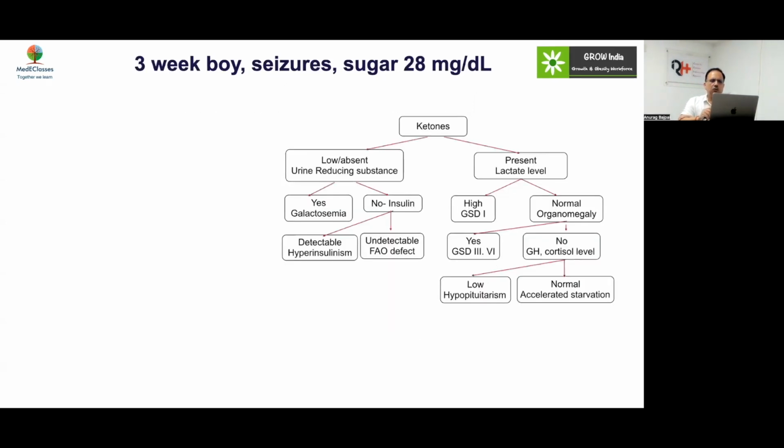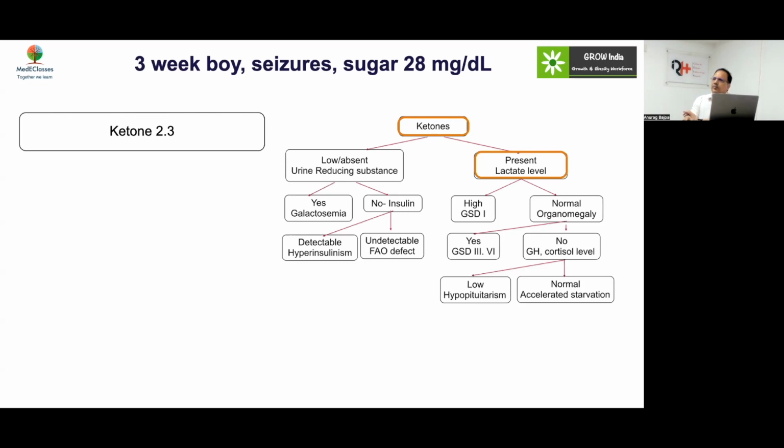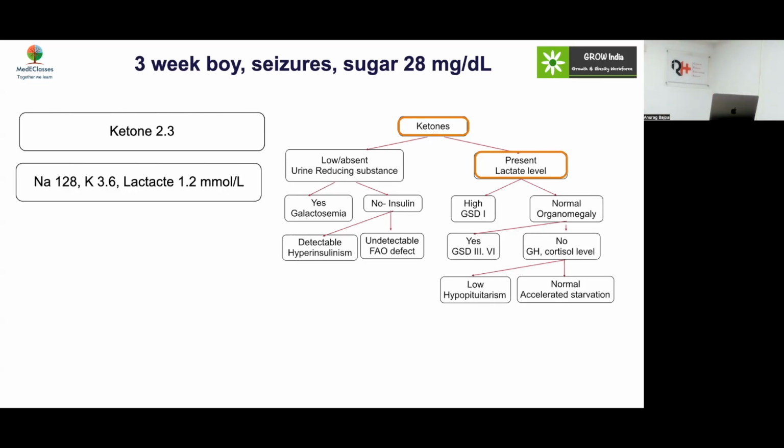Dhwani, 3-week-old boy with seizure, sugar is 28, ketone is 2.3. What will you do now? Lactate level is 1.2, there is hyponatremia. What are we looking at? Hyponatremia with hypoglycemia. So we have to look at other scenarios.